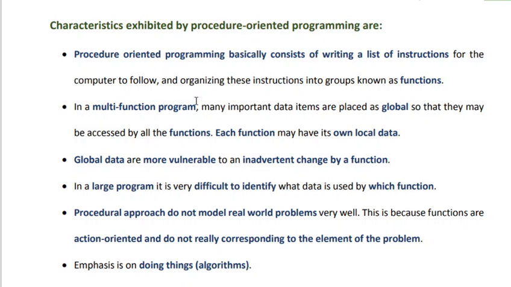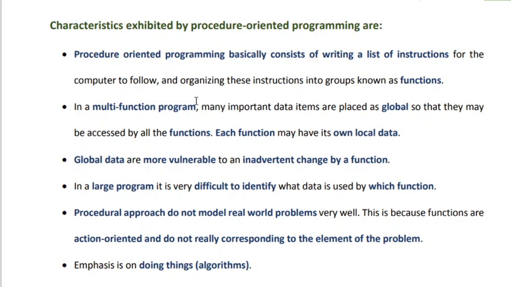The procedure-oriented approach does not model real-world problems very easily, because, as we have already said, procedure-oriented programming tries to interpret a system as a collection of interacting functions rather than objects. It may be difficult for one to create a good correlation between the program being built and the real-world problem.